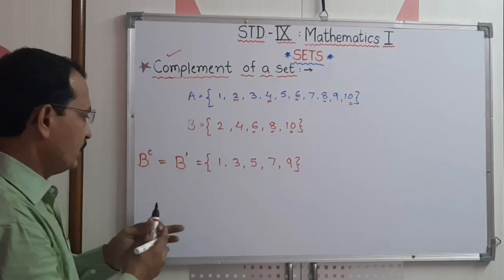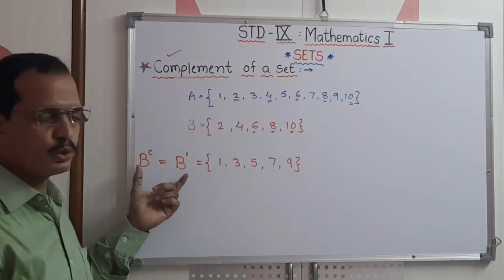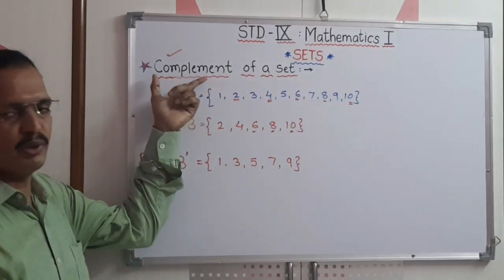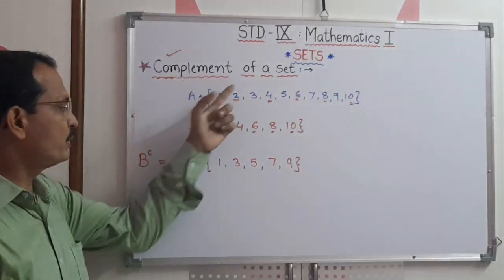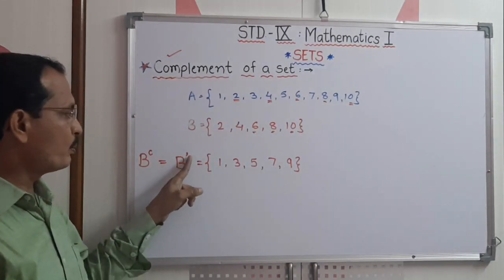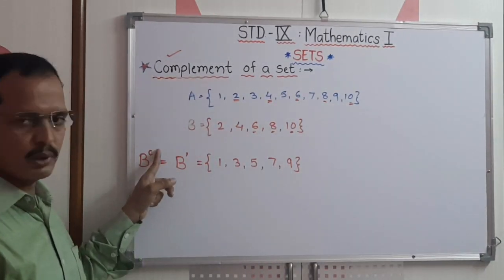This way, using two notations, we can represent the complement of a set B. This is also B complement.